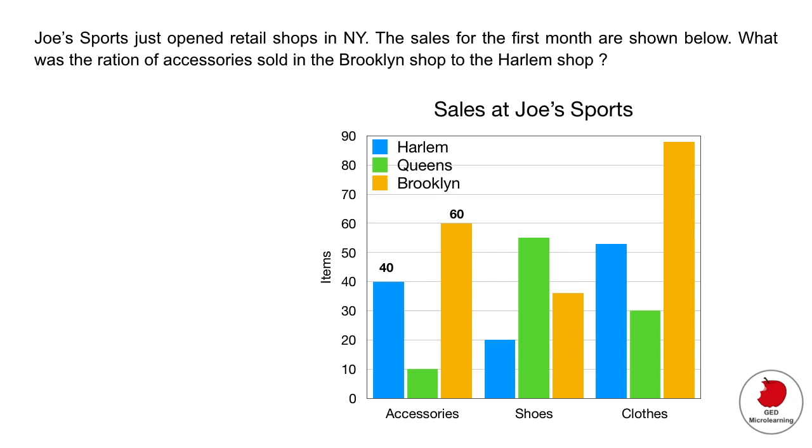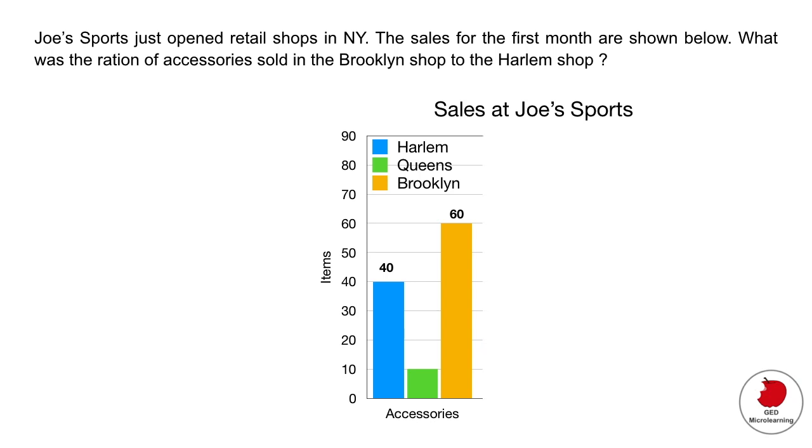The x-axis is telling us the accessories sold, the shoes sold, and the clothes sold. And then in the legend, you can see that we have the different shops in New York, one in Harlem, one in Queens, and one in Brooklyn. Okay, so the question asks us specifically about accessories. Okay, so we're going to hide that part of the graph.